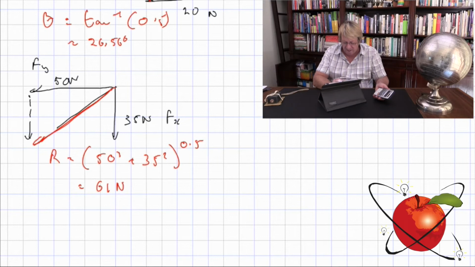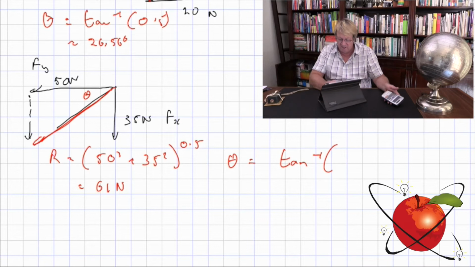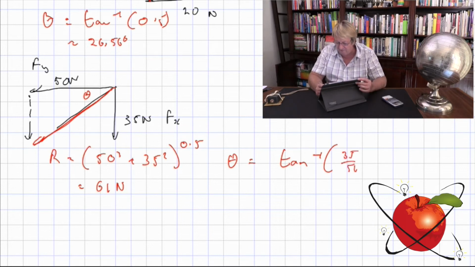And then the last thing we have to do is give an angle. So theta is equal to the angle whose tangent is opposite over adjacent. Always stand in the angle and look to the opposite. Find opposite first. I'll tell you later why we do that. It's because of when we do components. So opposite is going to be 35 divided by 50.